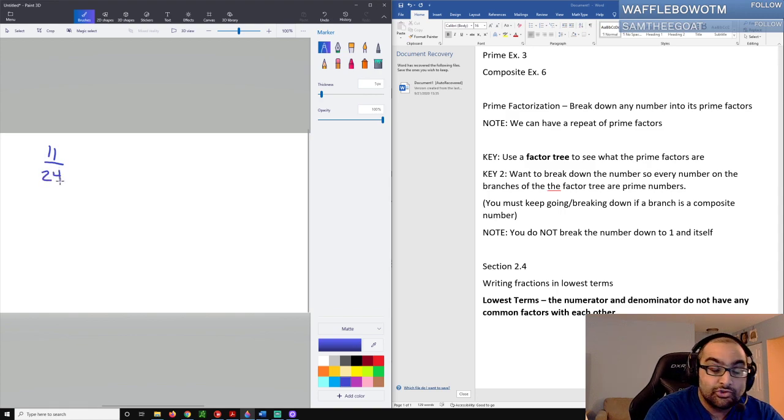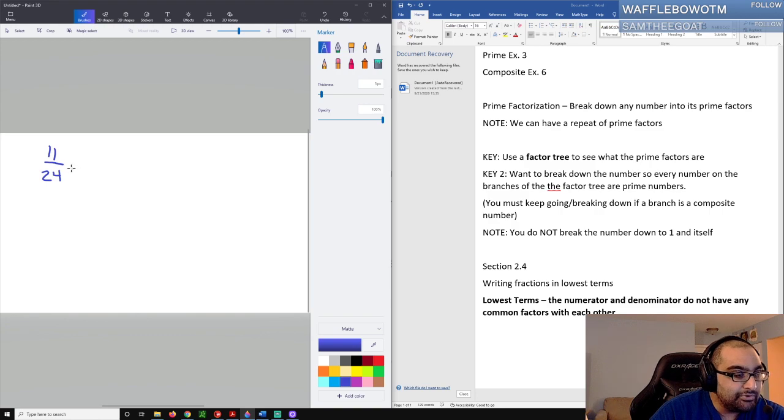It's true that 24 is a composite number. You could take 24, and 4 divides 24, 6 divides 24, 8 divides 24, 3 divides 24. That is all well and good, but none of those numbers divide 11 evenly.